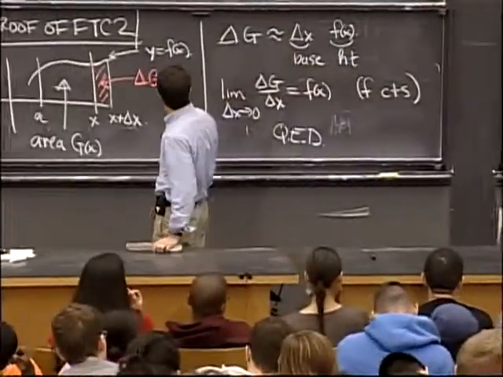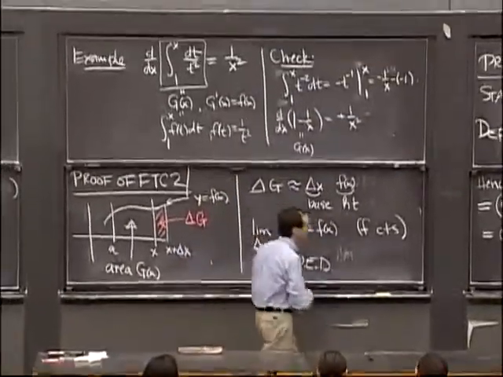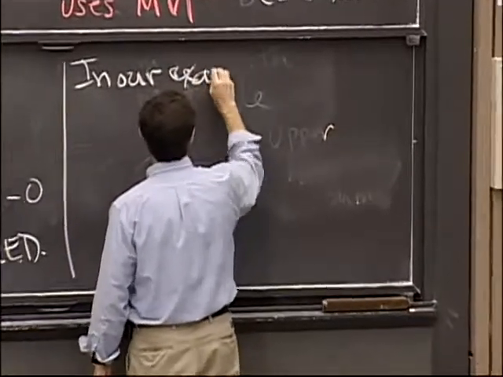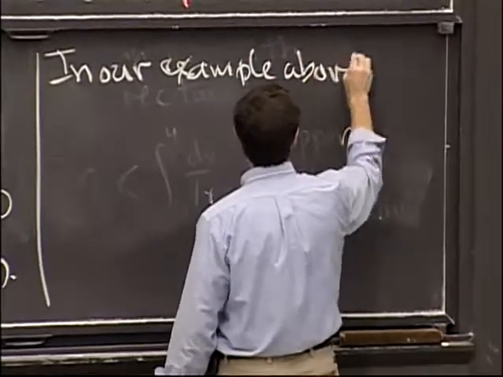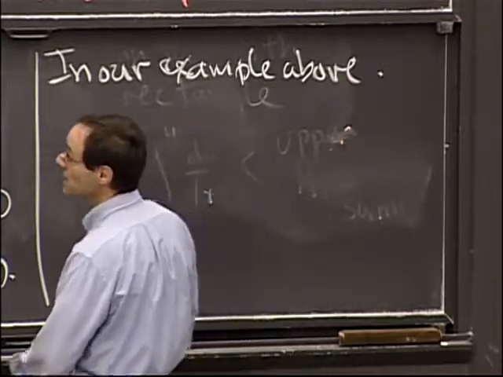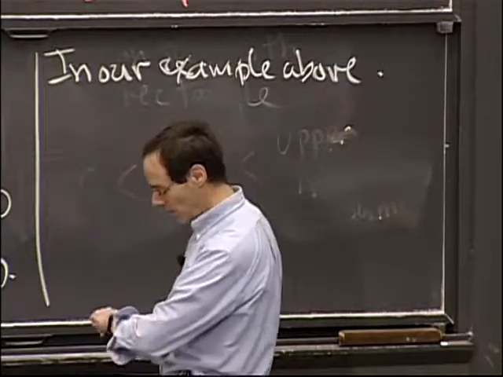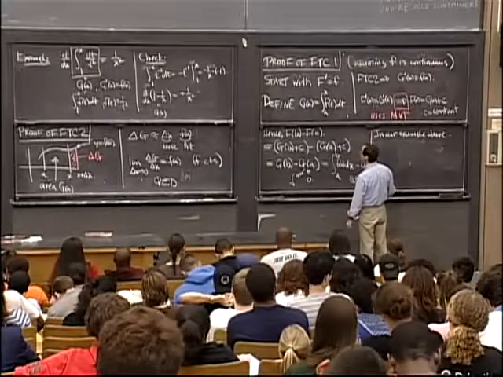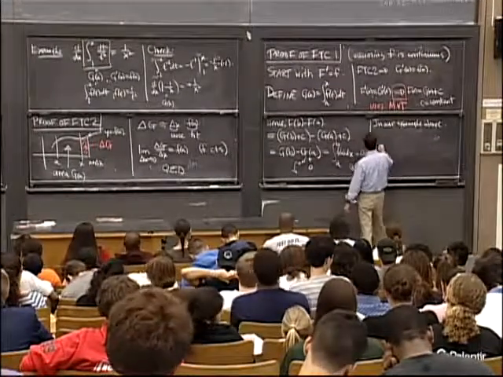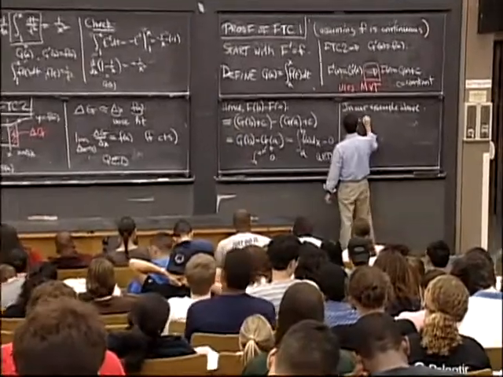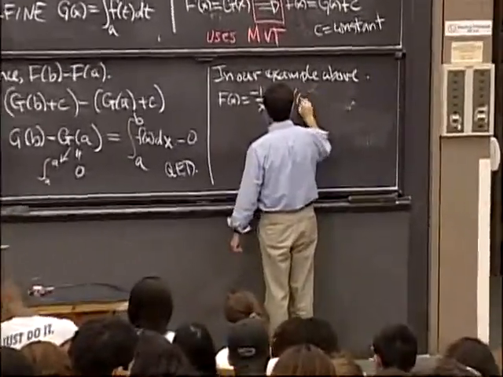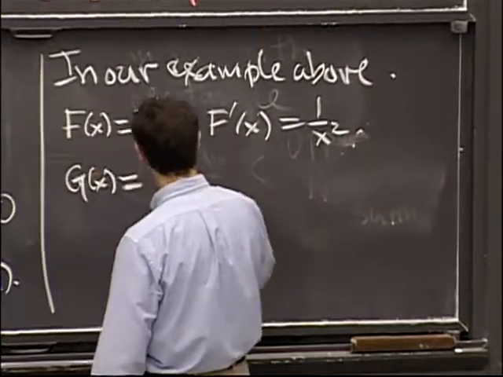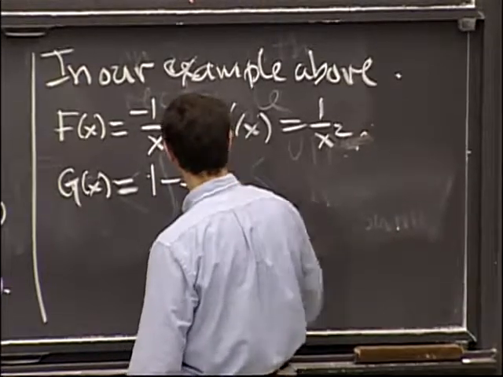Okay. So let me just notice that in the example that we had, before we go on to something else here, what we had was the following thing. Say f of x is equal to minus 1 over x, so f prime of x is 1 over x squared, and say g of x is equal to 1 minus 1 over x.